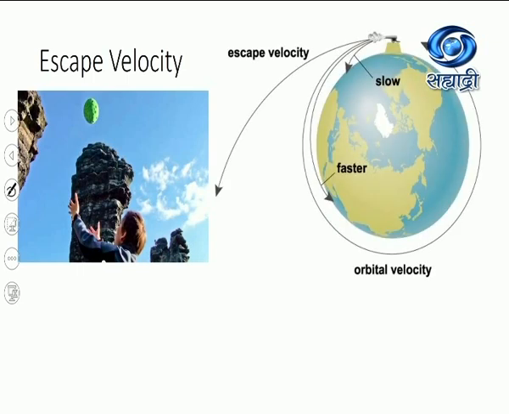Now imagine if we keep on increasing initial velocity, it will reach larger and larger height. And above a particular value of initial velocity, the ball will overcome the downward pull of the earth and will escape the earth forever and will never fall back. This velocity is called escape velocity.